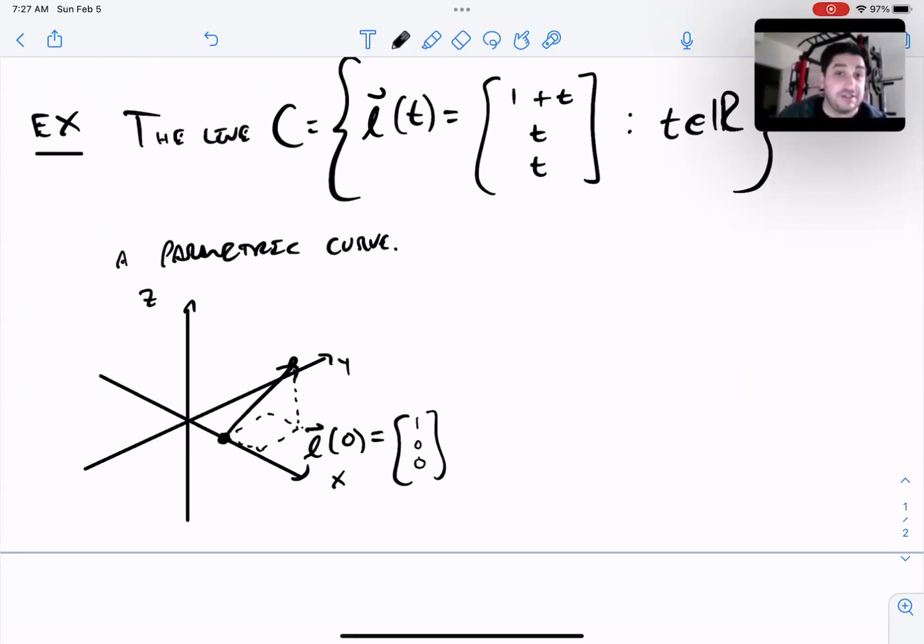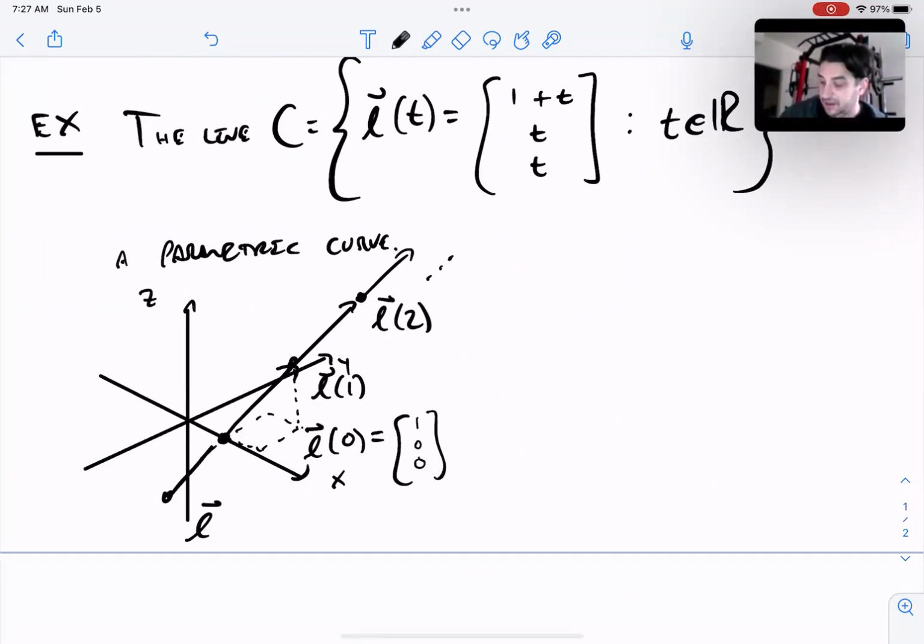There's my direction vector, which is 1, 1, 1 here. And I would keep doing this. This would be L of 1, L of 2, and so on. Right down here, you'd have L of -1, which should be 0, -1, -1, and so on.